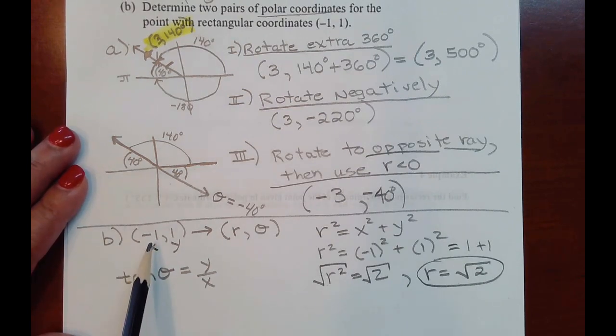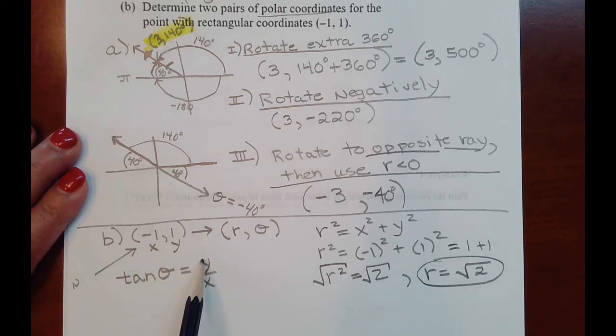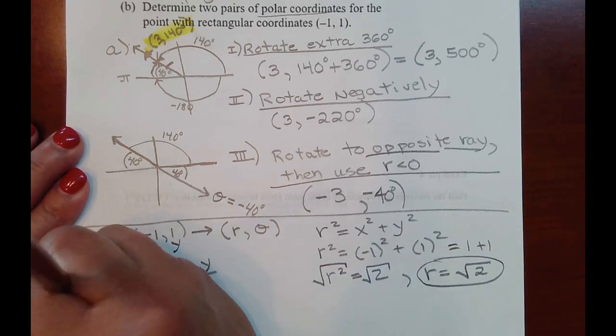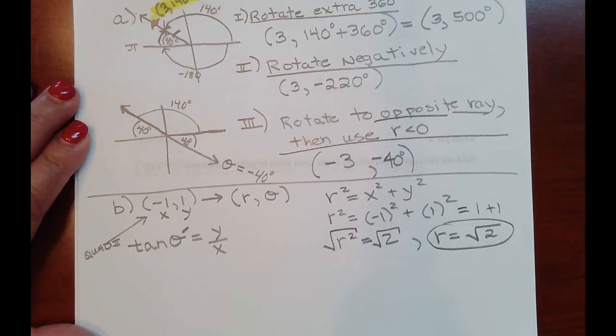But for any point that is not in quadrant 1, and this is not in quadrant 1, when you're at negative, positive, you're in quadrant 2. Anything in quad 2, quad 3, or quad 4, you're finding the reference angle first, and then you're going to find the theta that's related to it.